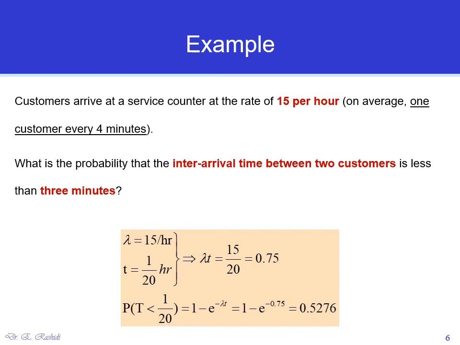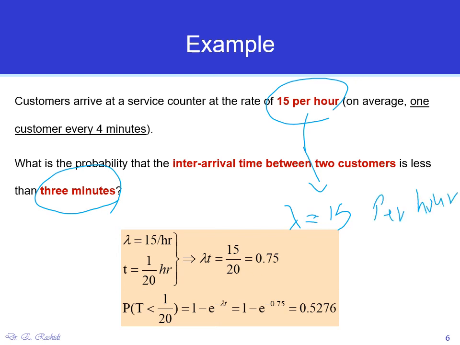All right, we could also do this by scaling everything in minutes. So this is in minutes, and we have to convert this one also to minutes. Lambda here is 15 per hour, which is equal to one customer every 4 minutes.